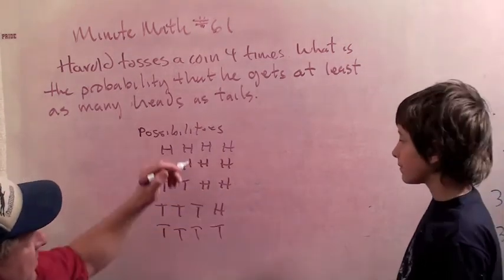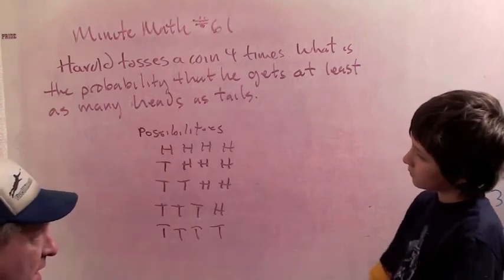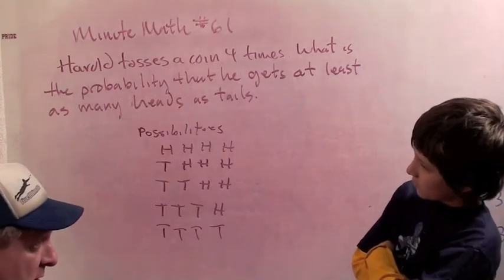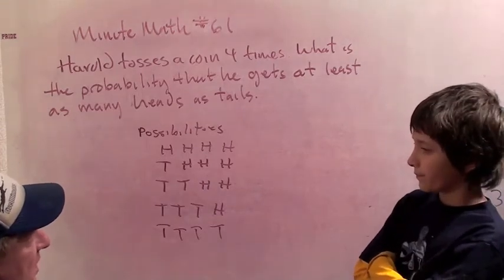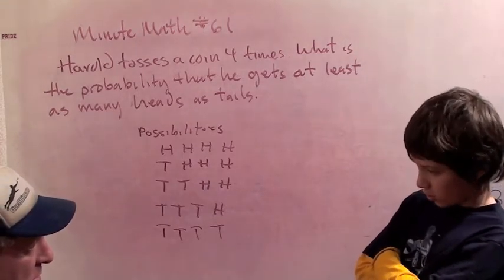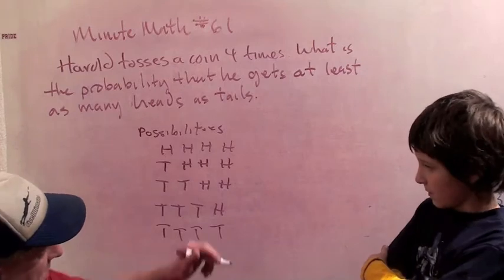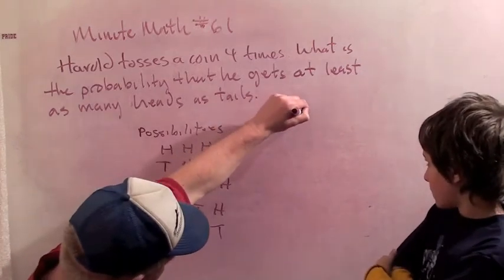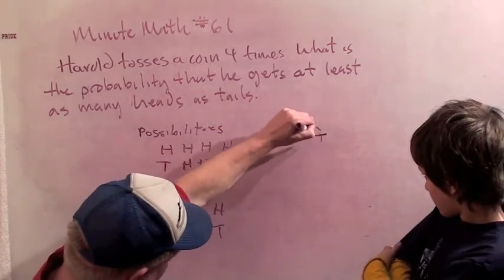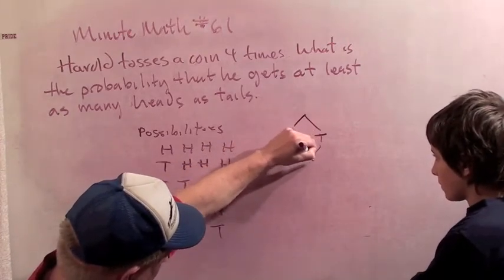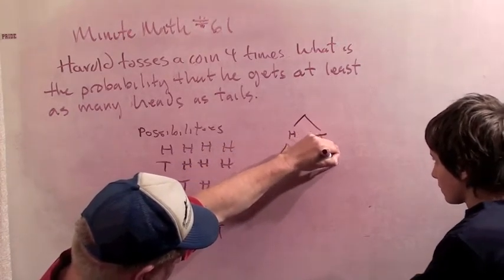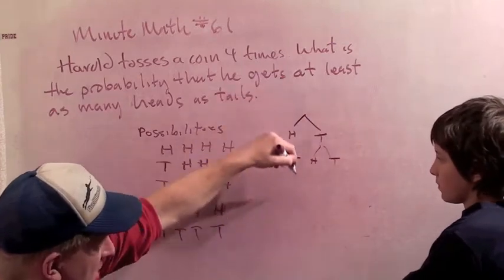So we have to figure out, first of all, the total number of ways this could happen. Do you know how to do that? Well, how many possibilities can you get each time you flip the coin? You get 2 possibilities each time, head or tail, and then that's going to split, all the way down.